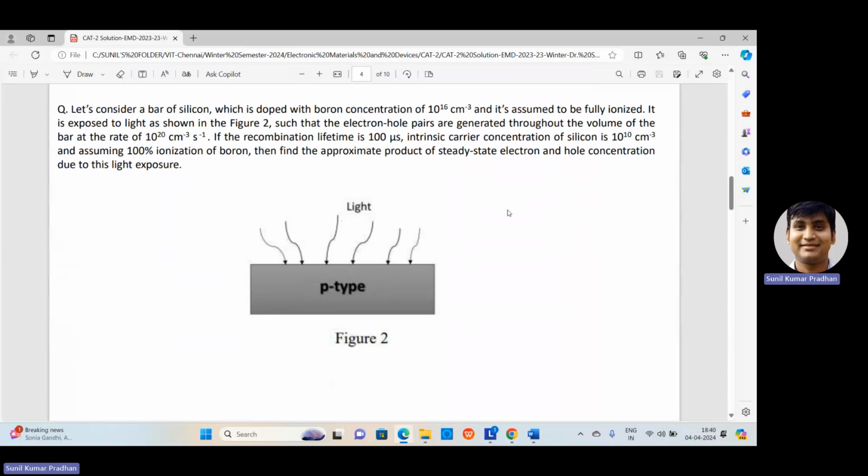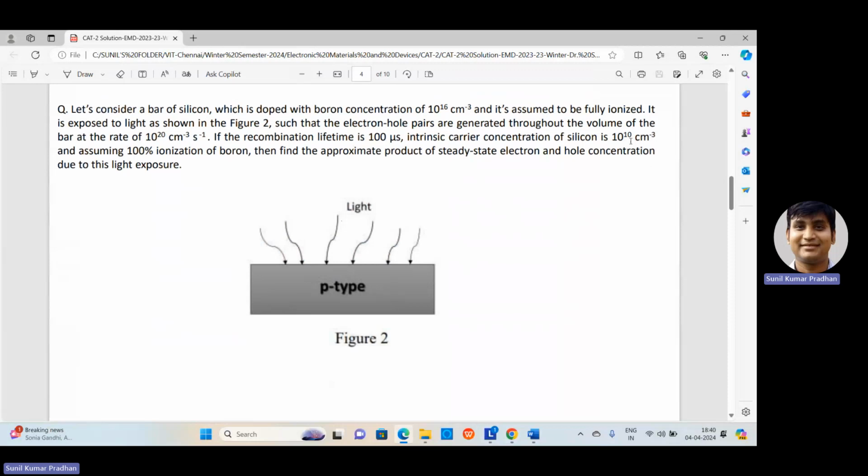Okay. Now, there will definitely be recombination. So, what is the recombination lifetime? 100 microsecond. Recombination between whom? Electron and holes. Now, what is the lifetime for this recombination to occur? That is here 100 microsecond, which is given in the question. Now, what are the other data given? The intrinsic carrier concentration of silicon is 10 to the power 10 per centimeter cube, that is per unit volume.